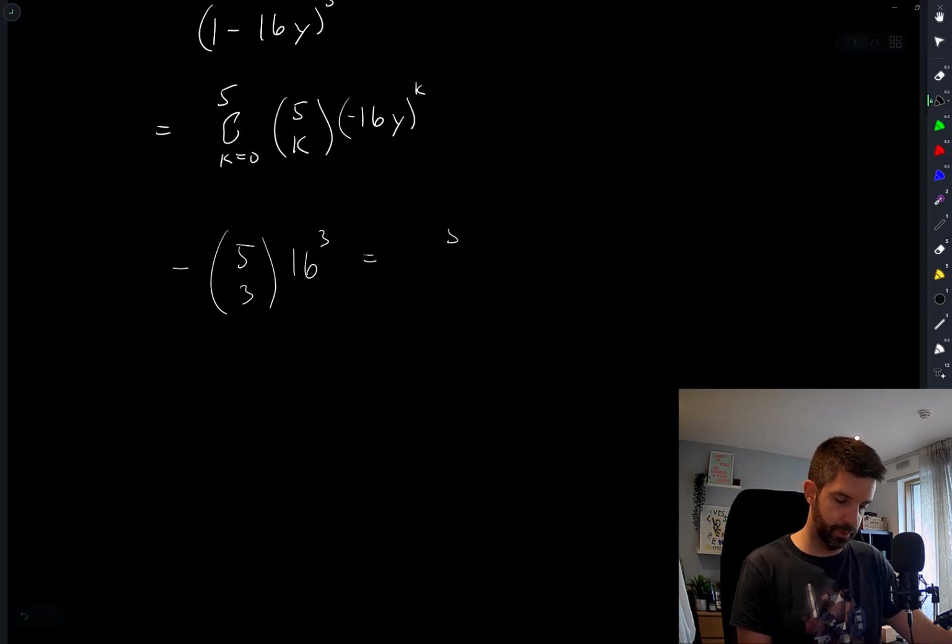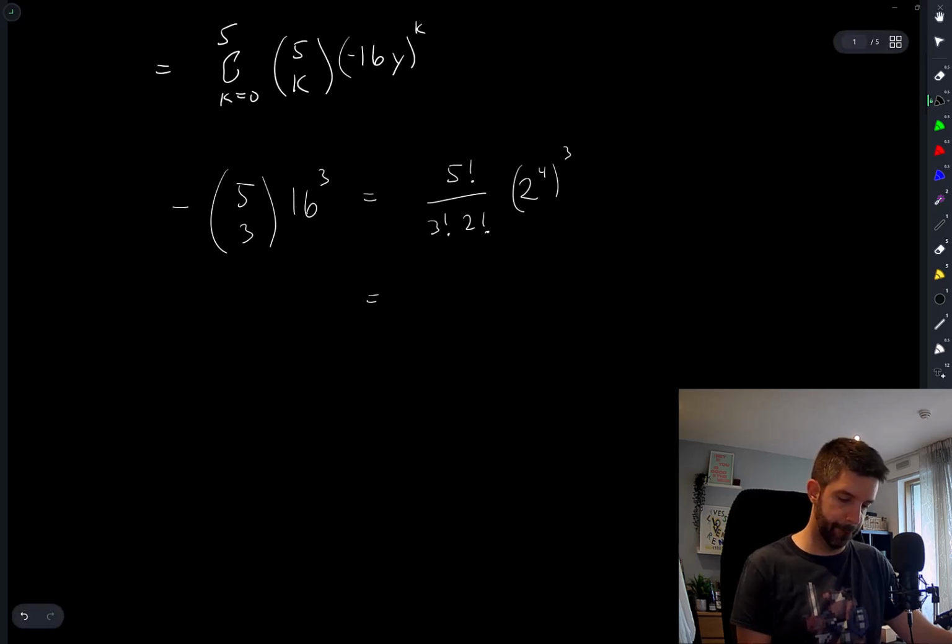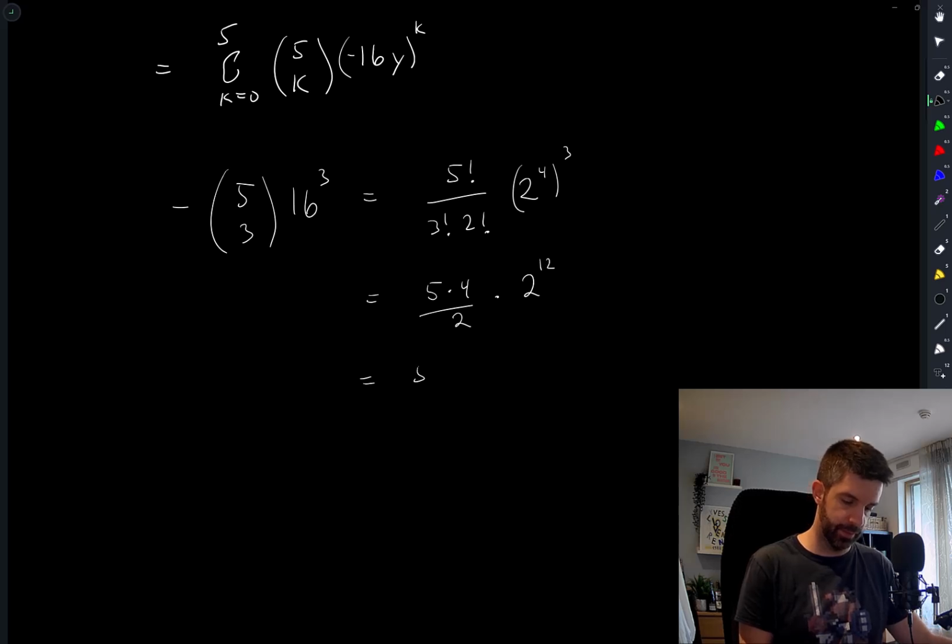Okay. 5 factorial divided by 3 factorial, 2 factorial, times 2 to the 4 cubed. This is 5 times 4 divided by 2 times 2 to the 12. 5 times 4 times 2 to the 11.